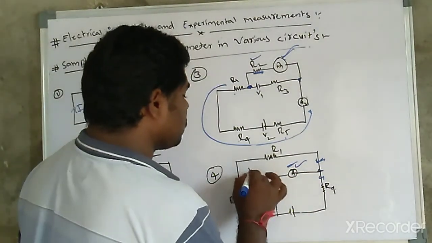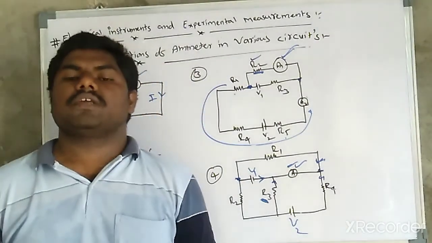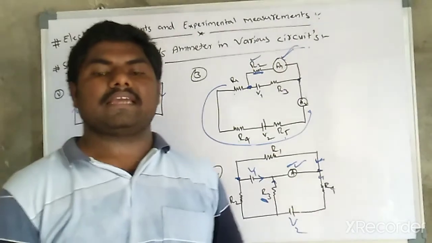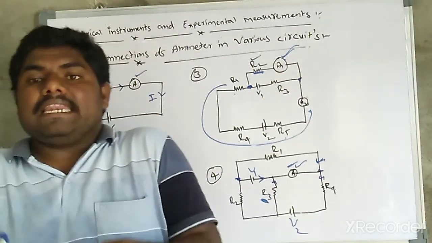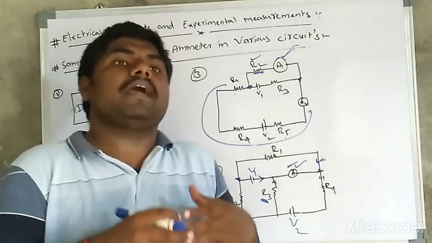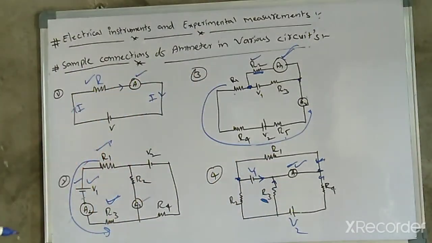You may do like that. This is the V1 and this is the V2. Whenever they ask this type of question, you may analyze like this. Very important: whenever connecting any branch, it is given that current flows in that branch.